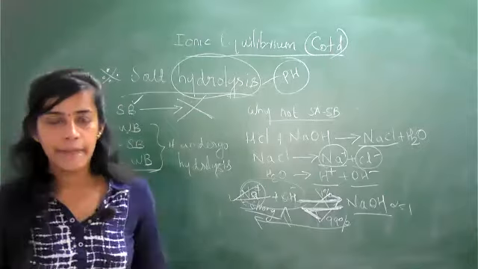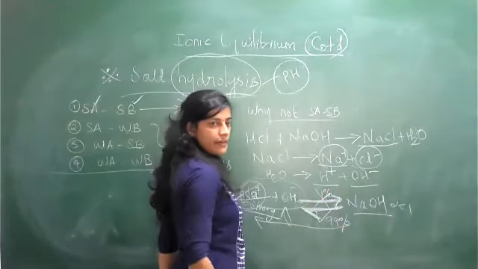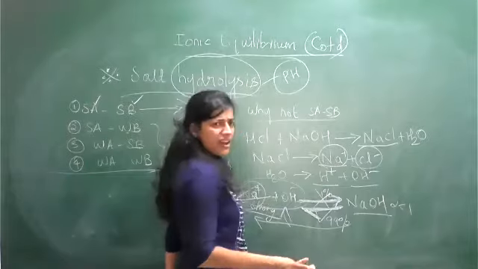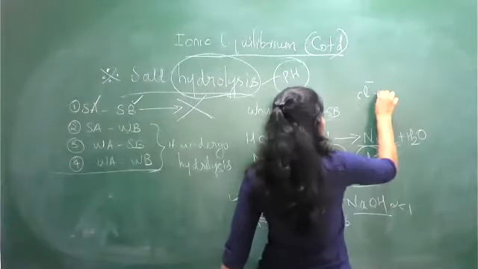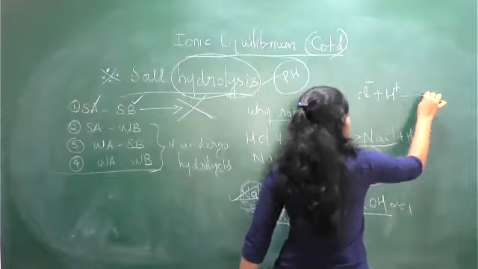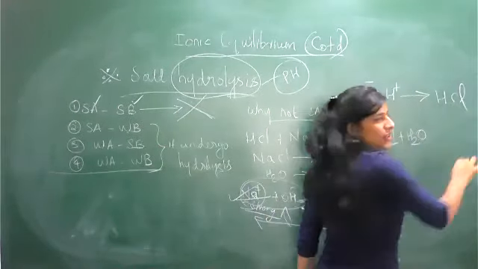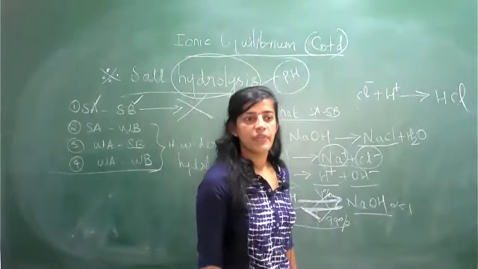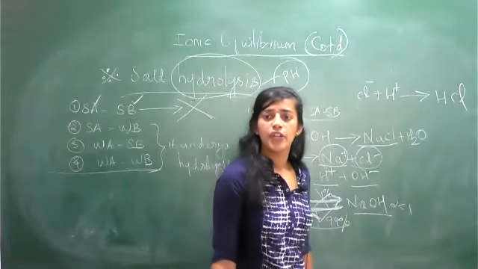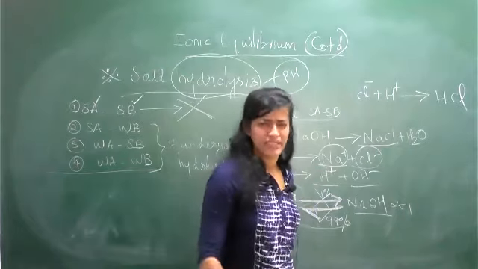One more thing, students. Why didn't you ask me about chlorine? Same thing. Chlorine reacts with H+, so HCl will form. What is the nature of HCl? Strong acid, so the degree of dissociation is 1, maximum dissociation.